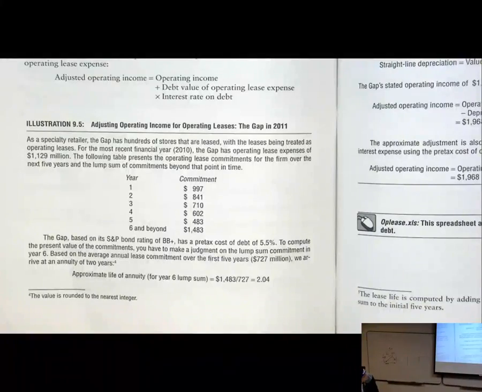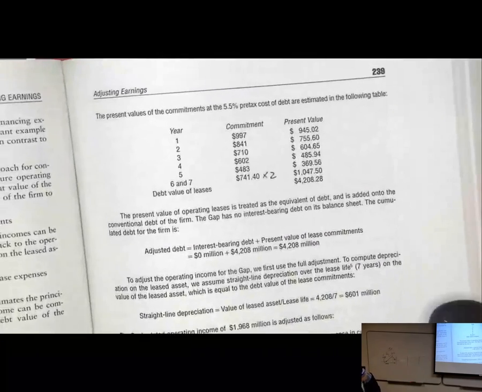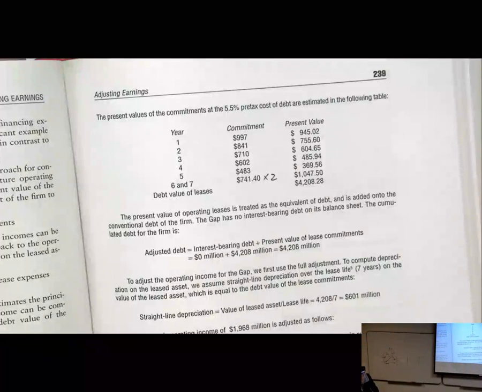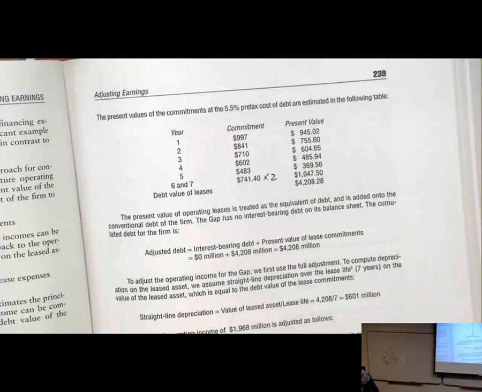And the next step is to find the present value of the future commitment. First year you need to pay like 997, second year 840 million, and so on and so forth. Those are future payments that the company needs to pay.